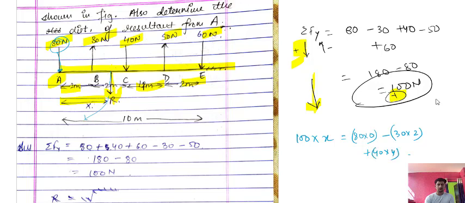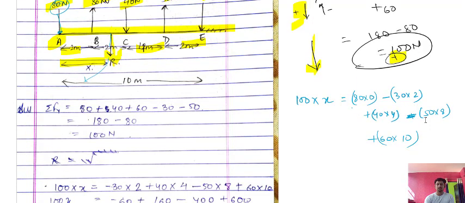The next is 50, which will be minus 50 into 8, and plus 60 into 10. So this is the equation.